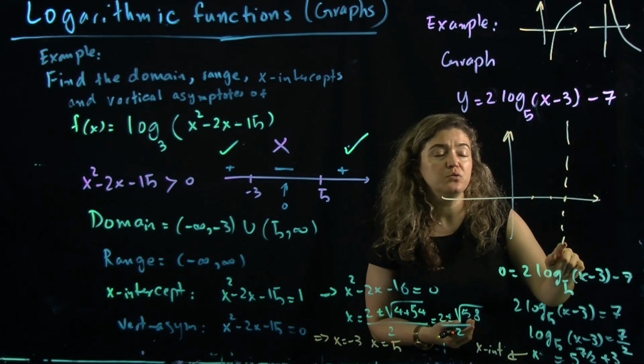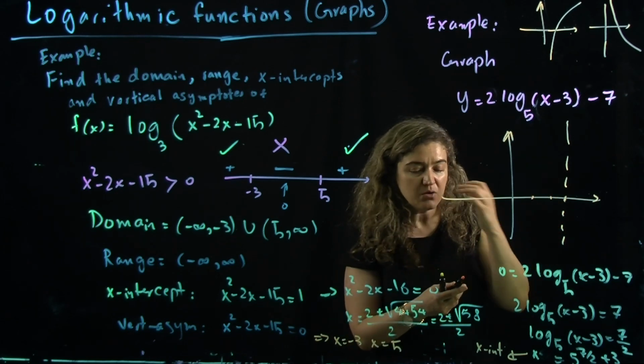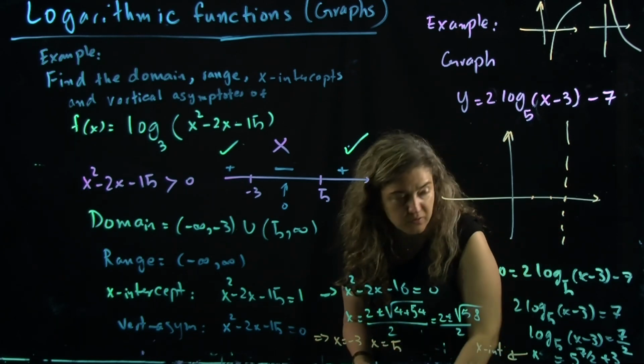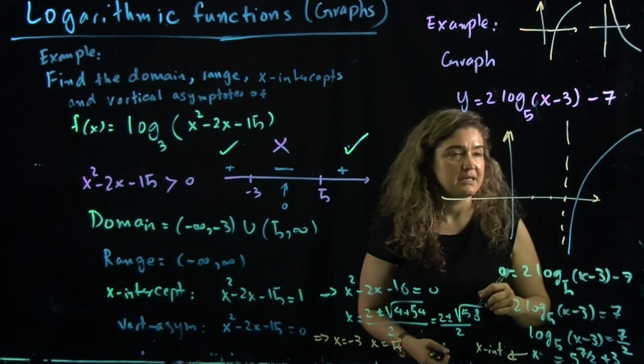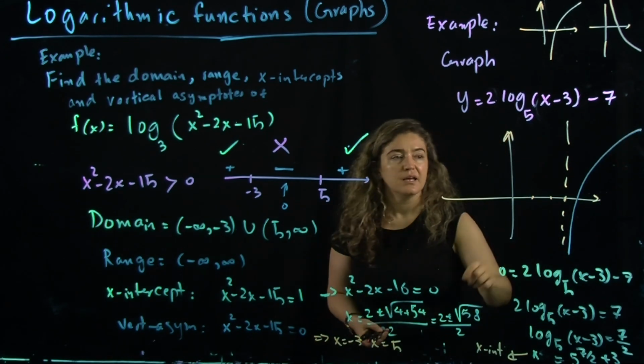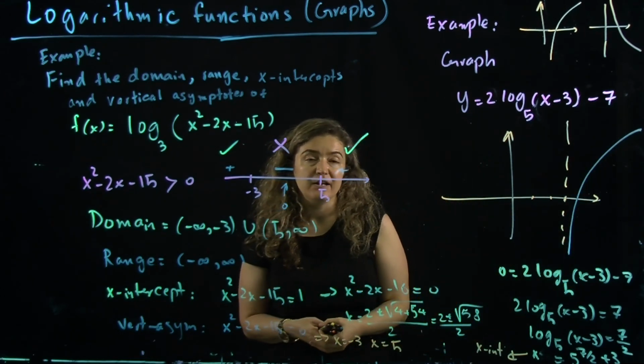This would be my new vertical asymptote, and so I can approximately know that the shape of the graph would look like this. You have to figure out a few points in there, and the shape will be very accurate.